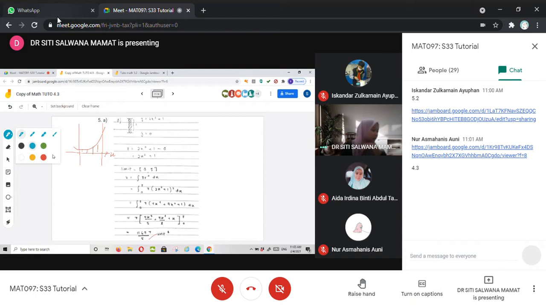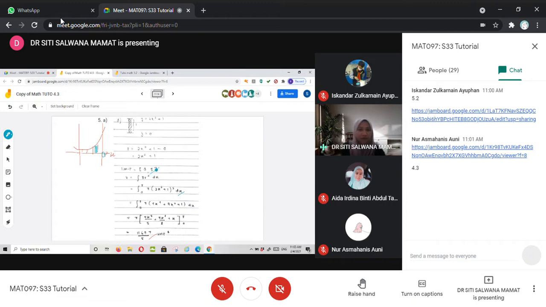You revolve about x-axis so that our strip nanti dia perpendicular kan. So macam tu lah, perpendicular to x-axis. Kita integrate with respect to x. So the limit is from 0 to 3.